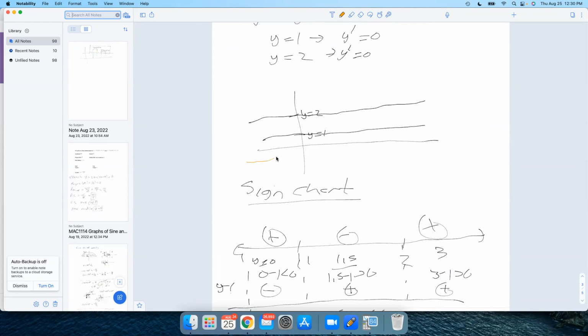A solution curve might look like this. It's something that's increasing. And here, this might be another solution curve. I don't know exactly what the shape is going to be. I just know they're increasing. In this region, from 1 to 2, we get decreasing. So my solutions must look like this. They must be coming down. Again, I don't know exactly what they look like, but I know they're coming down. And then above 2, we got increasing.